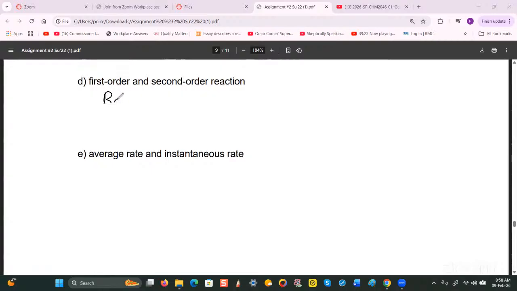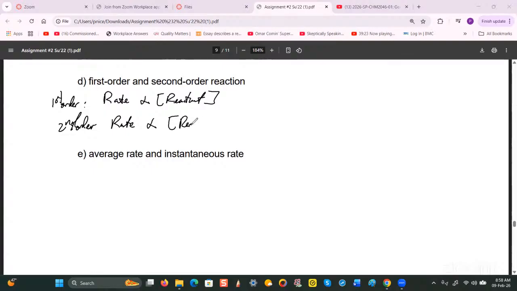Okay, so in the case of a first order reaction, the rate of the reaction is directly proportional to the concentration of the reactant. While in a second order reaction, the rate of the reaction is directly proportional to the concentration of the reactant squared.